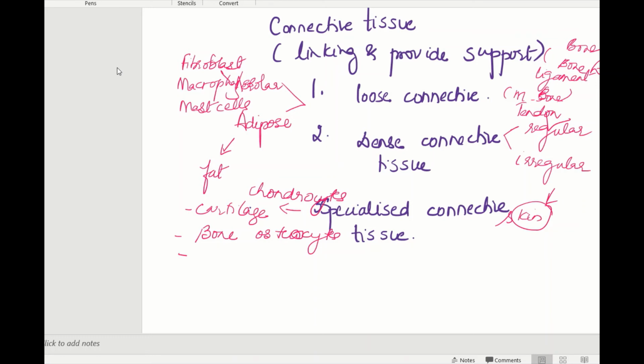And then we saw blood, right? So blood is a substance which helps in transport of different substances all throughout the body. So what does blood contain? It contains RBC, WBC, plasma, and platelets.